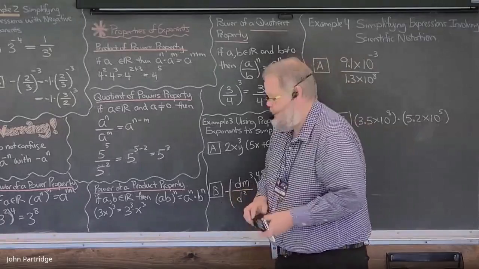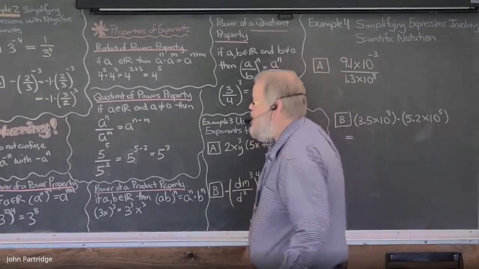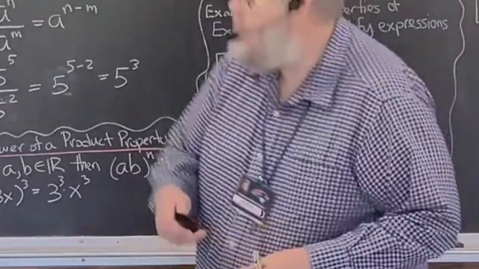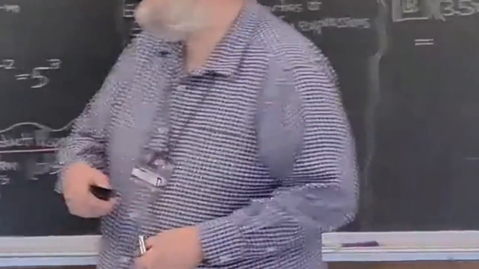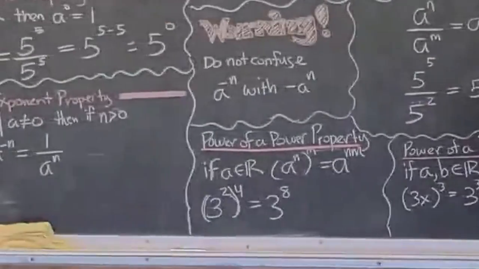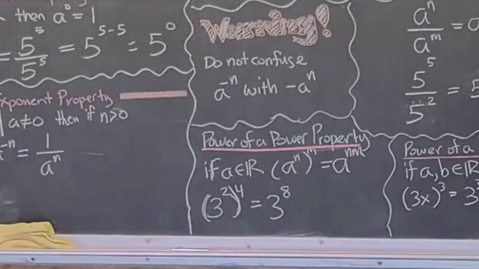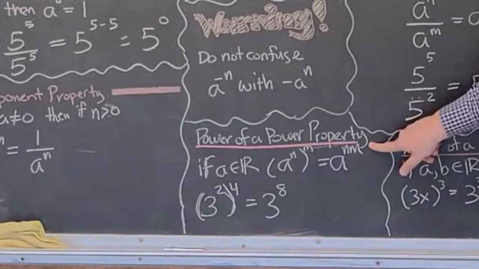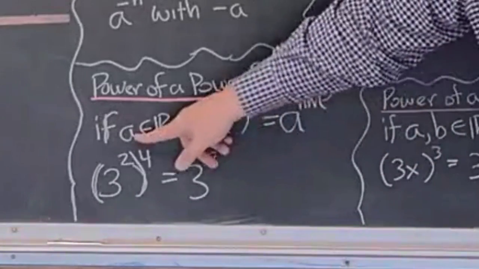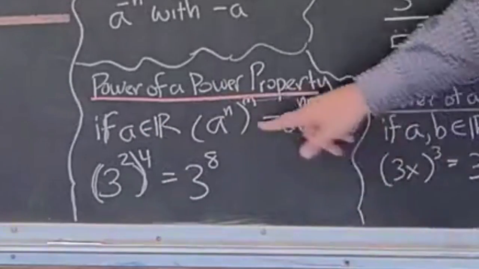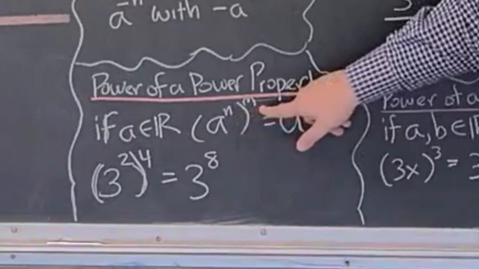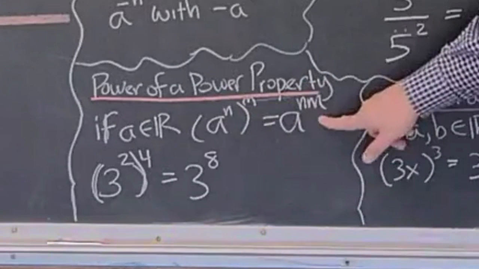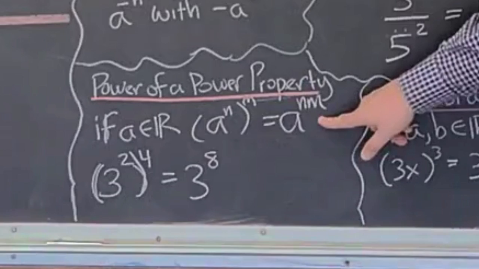All right. Let's look at the power of a power property. Power of a power property. If base a is a real number, then a to the n raised again to the m is the same thing as a to the nm, n times m.